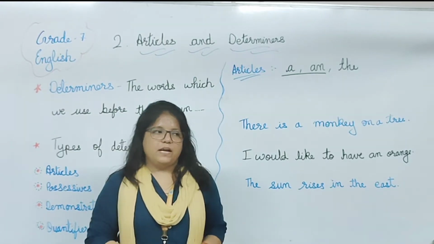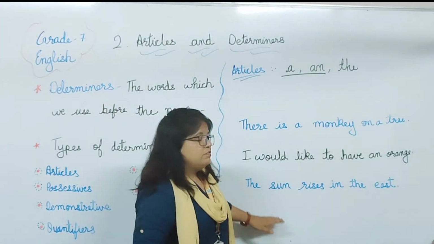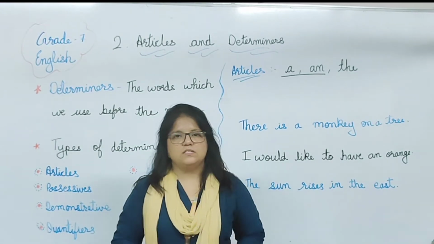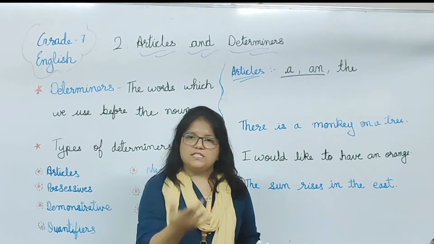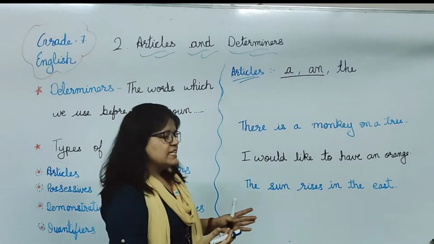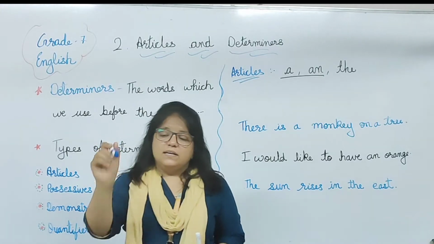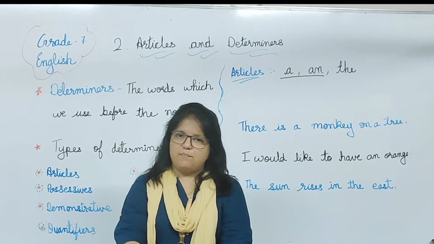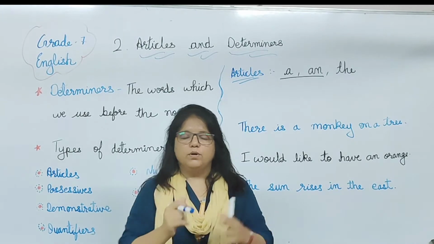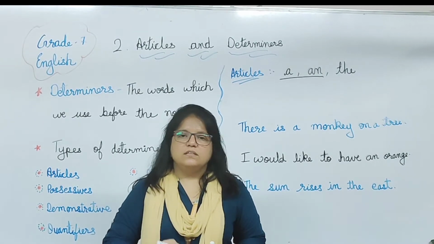Why is the a definite article? Because we use the for specific, or particular, things only. If I say I want the book which is kept on the table, I am specifying a particular book. So then we use the over there.